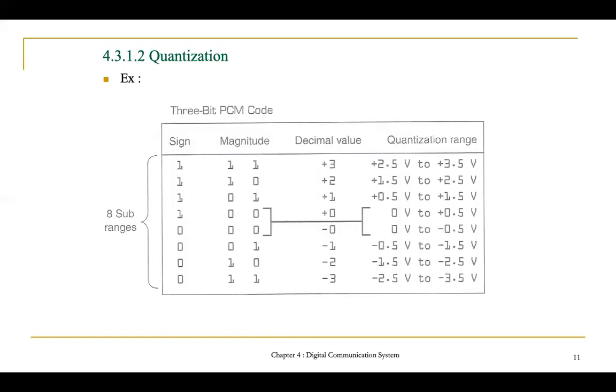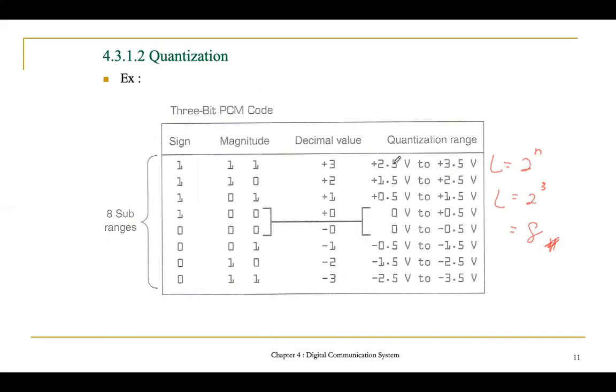Okay, so you know that L, the level, is L = 2 to the power of n, and n is 3. So your level here is 2 to the power of 3, and you will have 8. Okay, correct? 8. So that's why you have 8 levels.